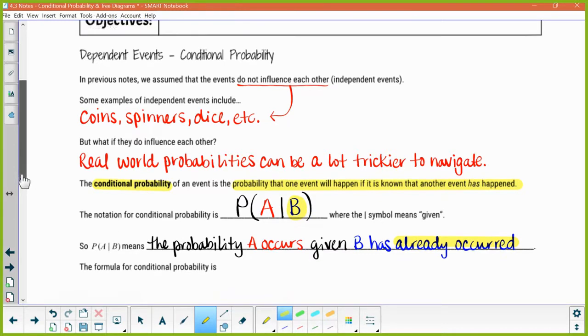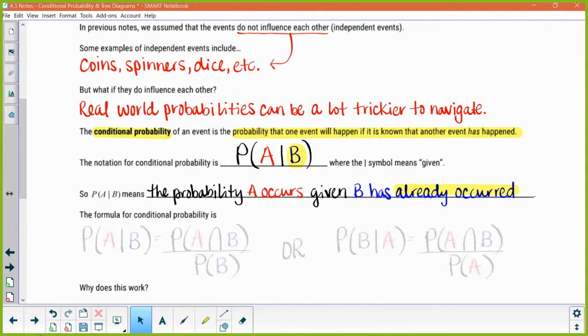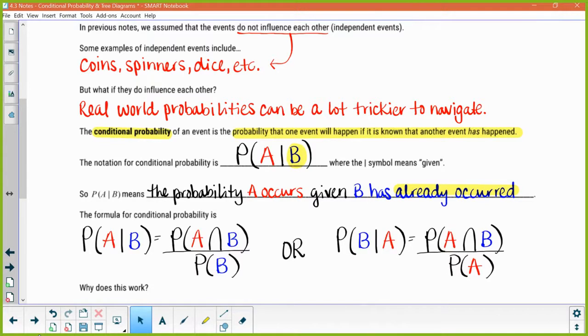Now, the formula for conditional probability has two ways to write it depending on what direction you're going. Again, your A and B events could be completely different. The probability of A given B is equal to the probability of A and B, and remember, this symbol represents and, over the probability of B. Notice here that my given statement is my denominator.